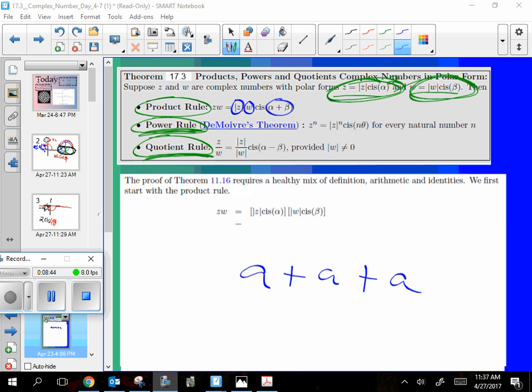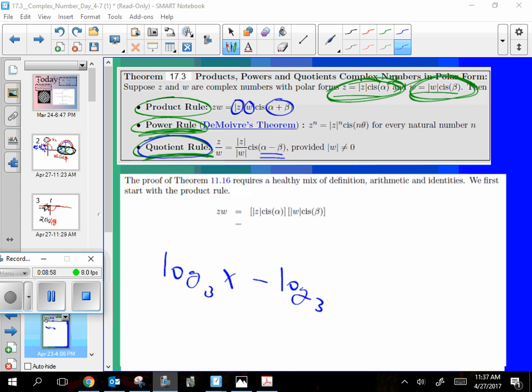All right. And if we do this in the context of logs, I think you'll see the whole quotient going with subtract. Do you remember when we had log base 3 of x minus log base 3 of 2? Do you remember that when we put them together into one log, that this turned into log base 3 of what?